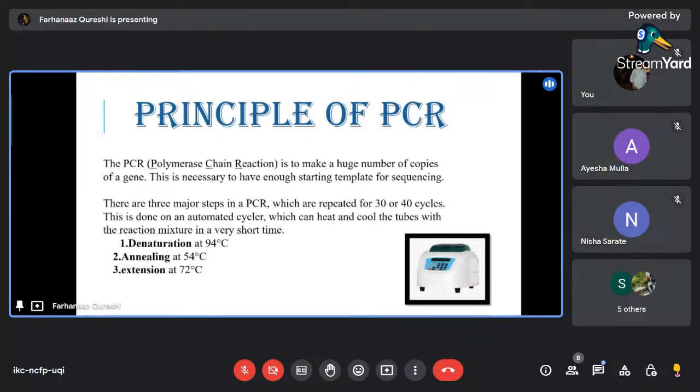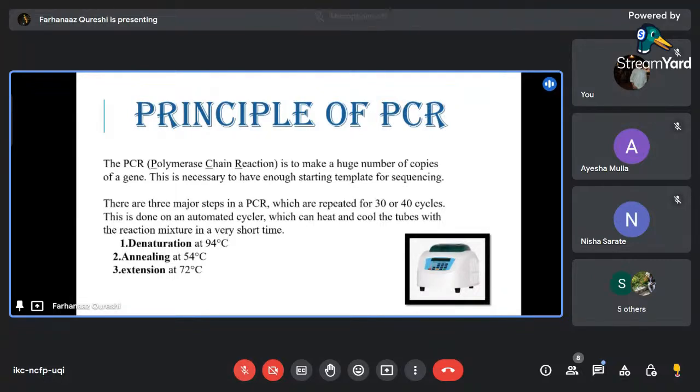They serve as a starting point for the synthesis of DNA. The two separated strands run in opposite directions, and consequently there are two primers, a forward primer and a reverse primer. So the third and last step is extension.